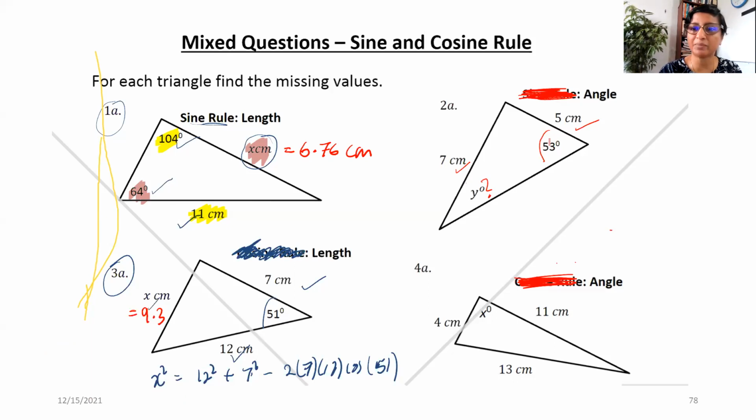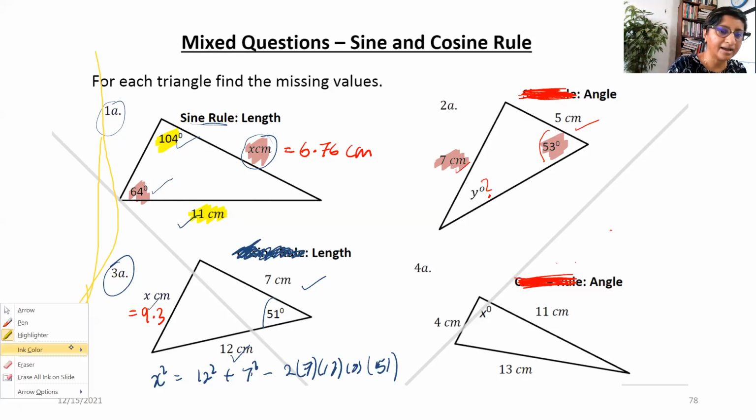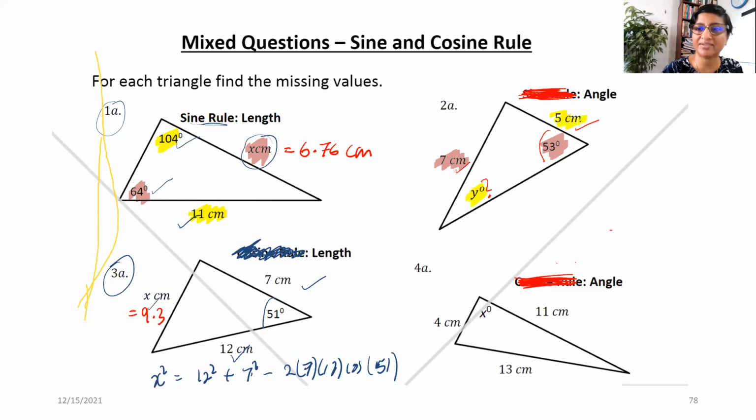So what do I mean by pairs? An angle and its opposite side, an angle-side pair. Here we have to find this angle, and we can pair it with that side. If you can identify angle-side pairs, it's going to be the sine rule.